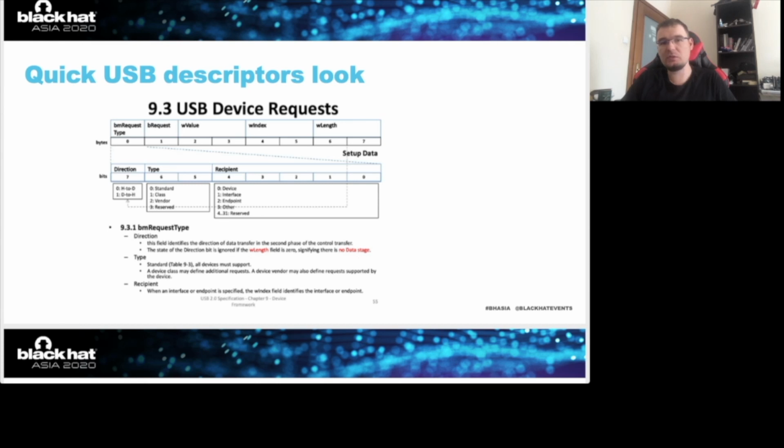One of them is sending control messages, and others can also be used to send data. The most important field in the USB descriptor is the wLength field. It has 16 bits, which means potentially we should be able to send up to 65,535 bytes.